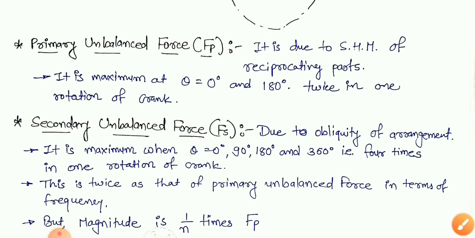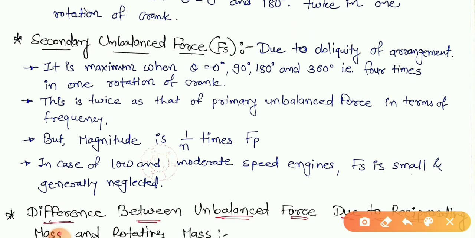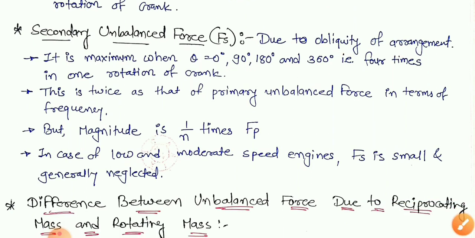Now the secondary unbalanced force is acting due to the obliquity of the arrangement. Due to this, there will be four maximum values at angles 0, 90, 180 and 360.